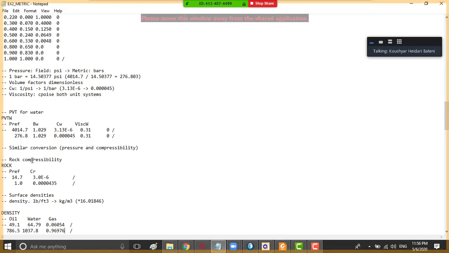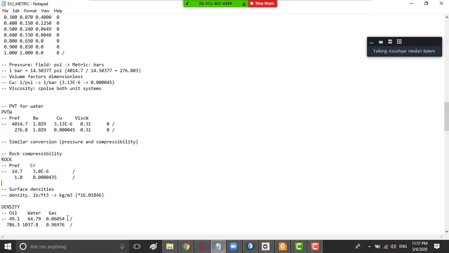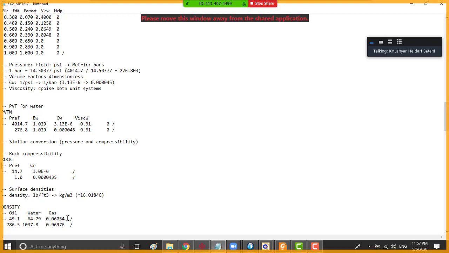Here we are using the field system. And what is the unit for density in the field system? It is pound over cubic feet, right? That is the unit for density in the field system. Now, in order to have the density in the metric system, you have to do a conversion to kilogram over cubic meters.